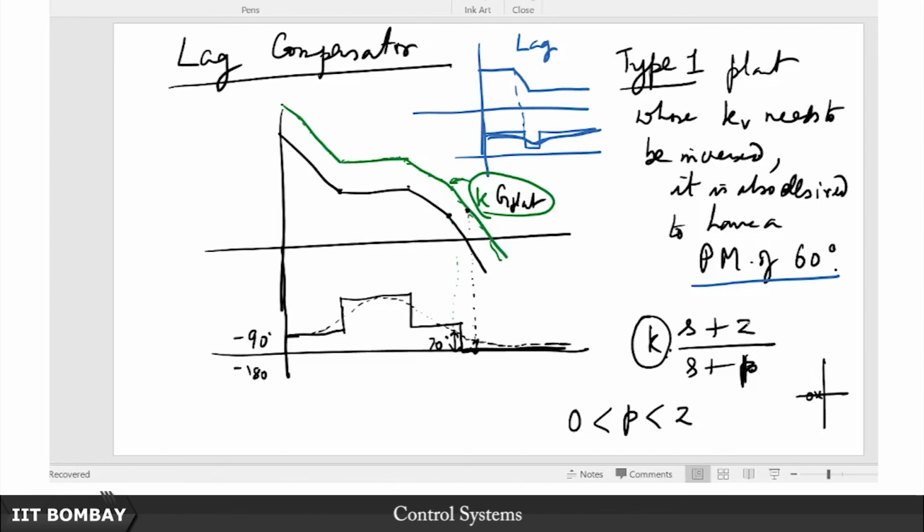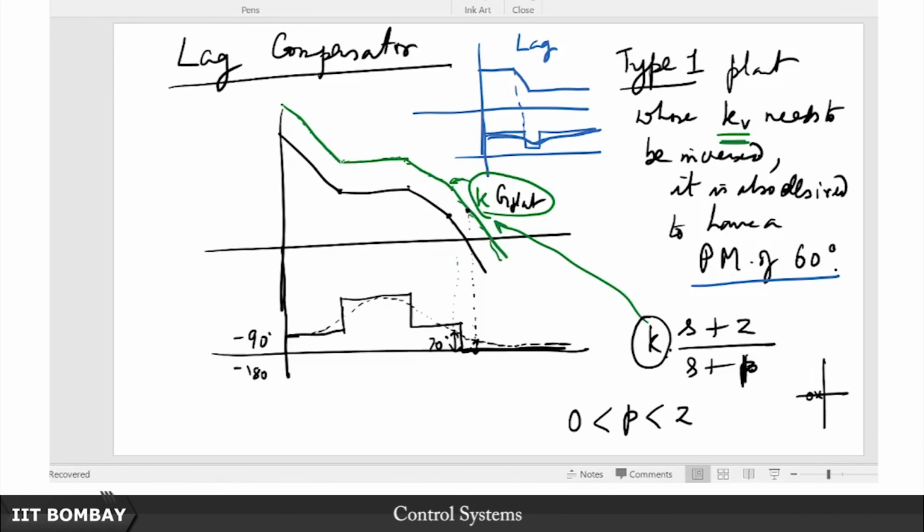What do I do? I basically design this zero and pole in such a way that I do not affect this low frequency asymptote, because this low frequency asymptote is actually going to help me meet my kV requirement. So, I have already used this k to lift this sufficiently. Remember, why is this going to help my kV improve?